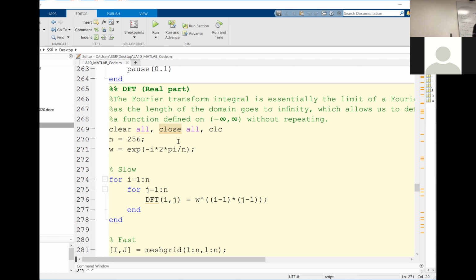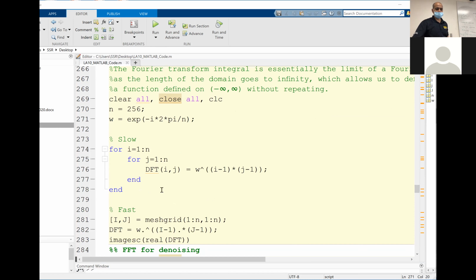These are those discrete Fourier transform coefficients. There are two ways to plot this: a slow technique and a fast technique. You are welcome to use tic-toc inside MATLAB, and you will see that the fast technique gives you the results quicker compared to the slow technique. Okay.